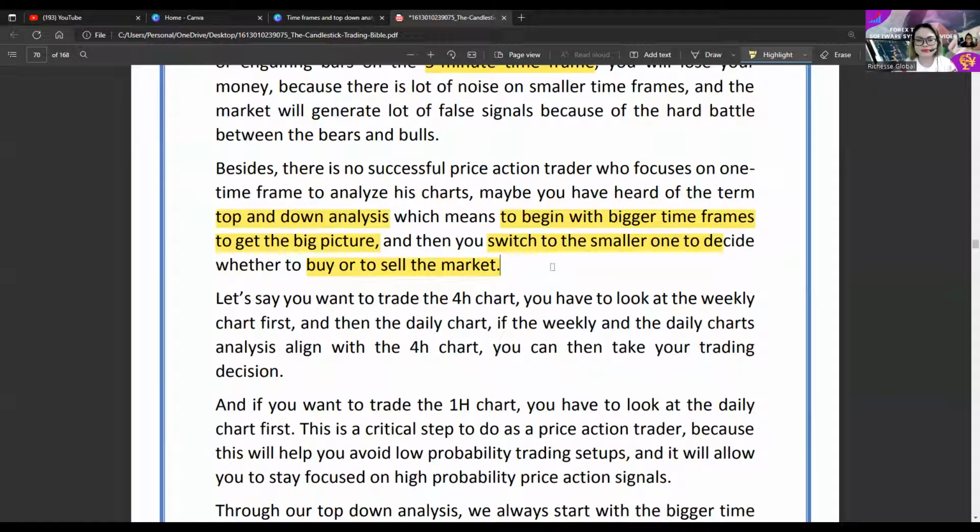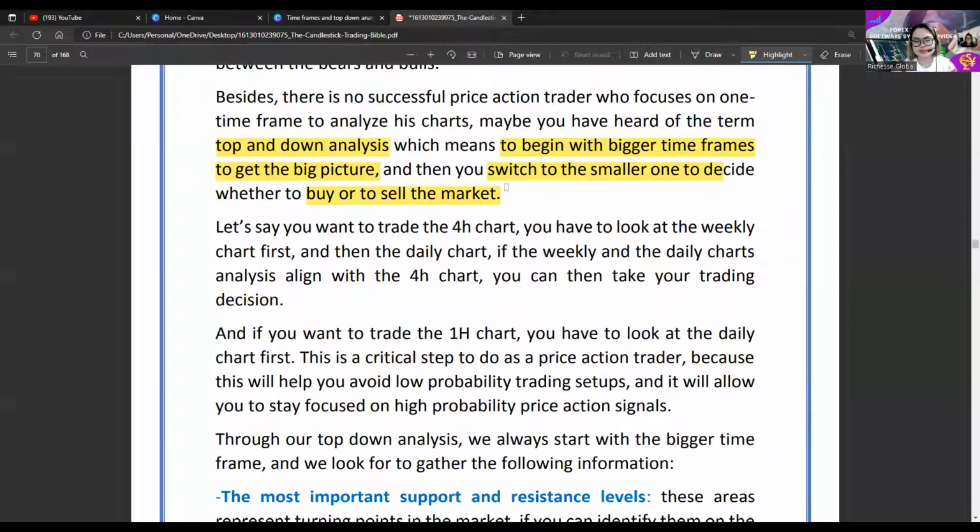Pag ginamit niyo po yung top-down analysis, ang reminder sa atin is puntahan niyo muna yung bigger time frames para makita niyo yung big picture ng market, and then switch to the smaller one to decide whether to buy or sell the market. Let's say you want to trade on a 4 hours chart.